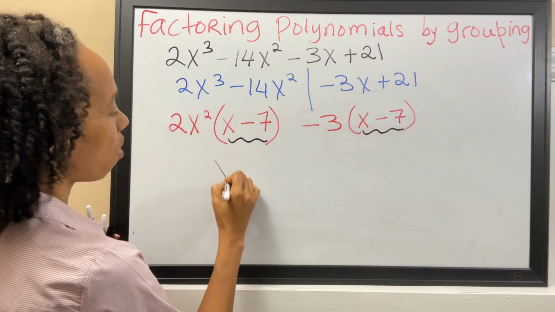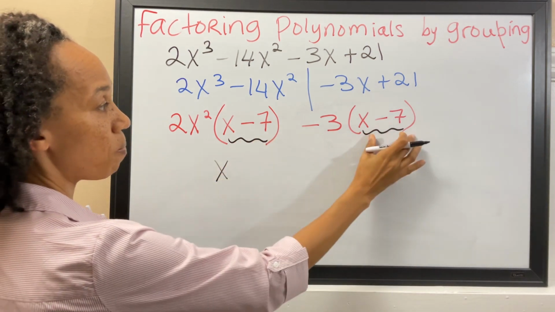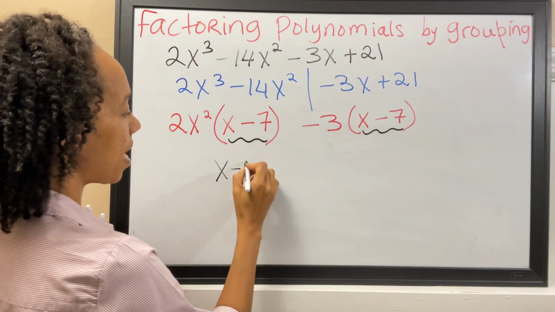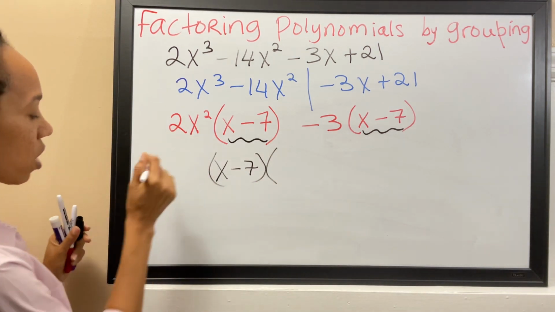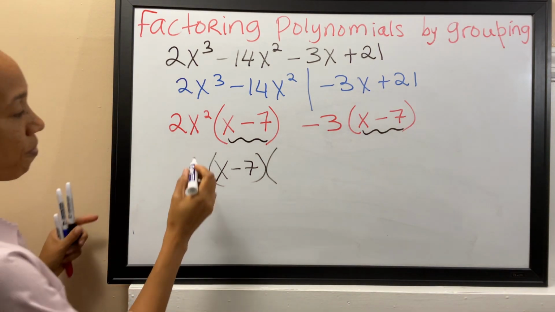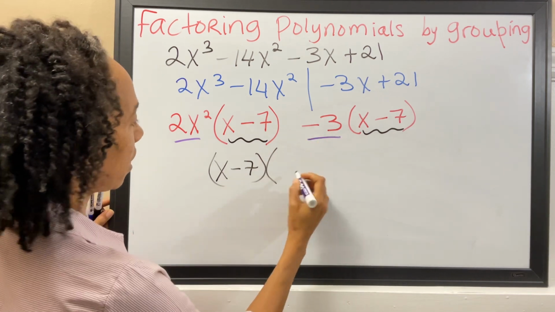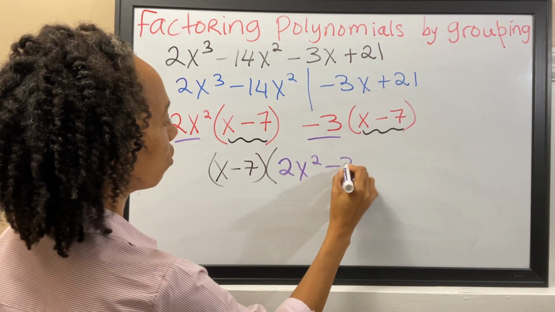So now, whatever these two binomials that are the same, we're going to rewrite that first as our first term, and then we are going to combine what we have left over, 2x squared and the negative 3, and write it as another set, minus 3.